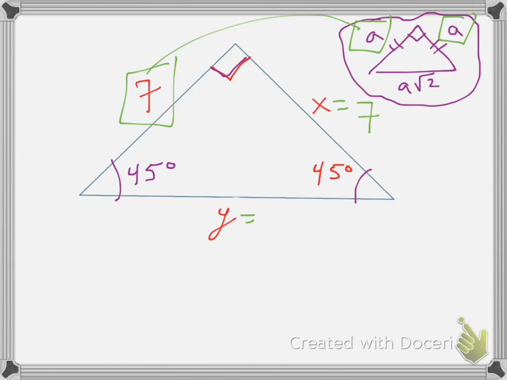A is 7, therefore it's 7 root 2. Done. No Pythagorean theorem, not even any complicated math. Just matching the physical picture with the original model. The slip represents the model. All the other ones come from that original master copy.